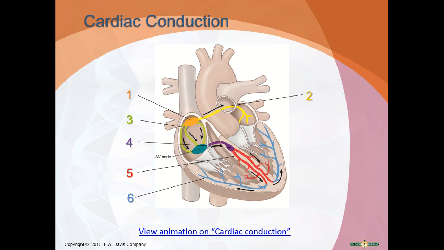That's shown in blue. The SA node, the primary pacemaker, fires at 60 to 80 beats per minute. If it fails, the AV node takes over with a firing rate of 40 to 60 beats per minute. If it fails, the Purkinje fibers can initiate impulses with a firing rate of 20 to 40 beats per minute.